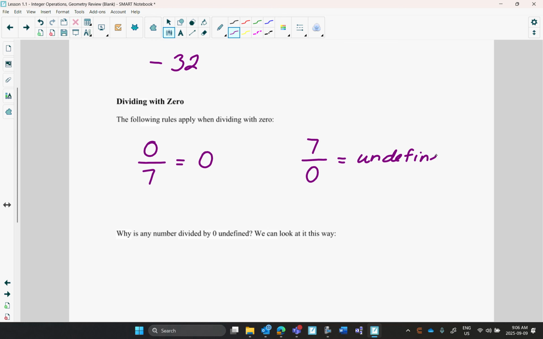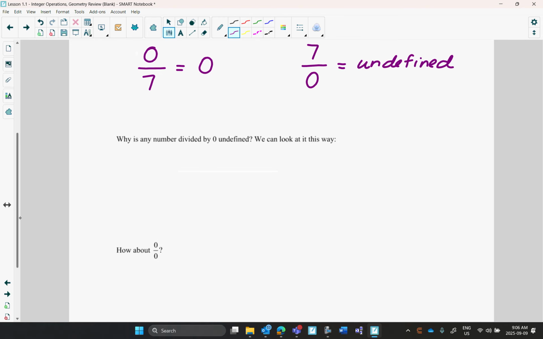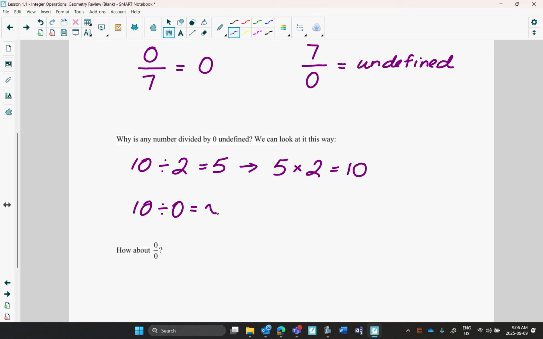And why is that the case? Think of it this way. If I divided 10 divided by 2, what do I get? 5. If I work in the reverse order, doesn't that mean that 5 times 2 must equal 10? Okay. What if I did 10 divided by 0? I'm looking for the answer, so I'm going to call it X. I don't know what the answer is.